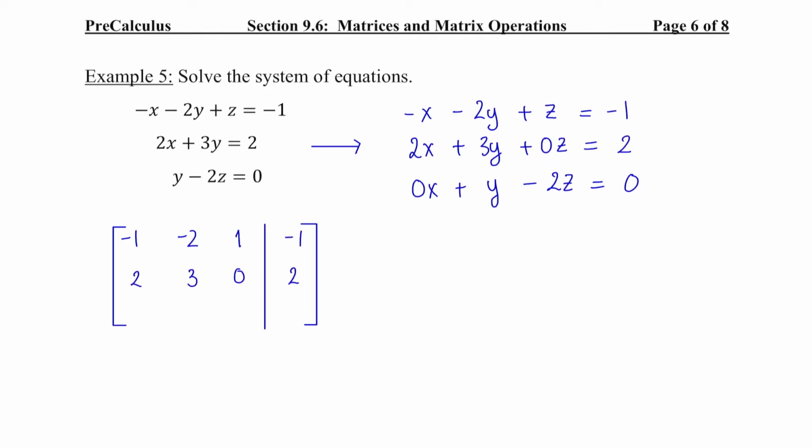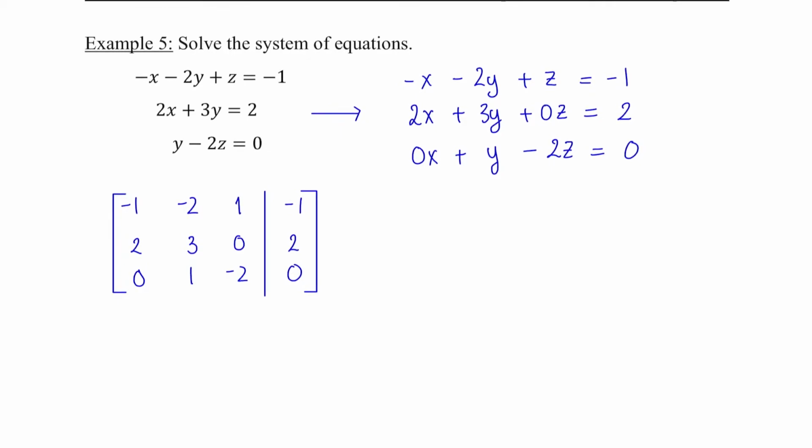My third row will be 0, 1, negative 2, 0. And I want to turn this matrix into an echelon form, which means all of the elements in my diagonal must be 1, and everything below that must be 0.